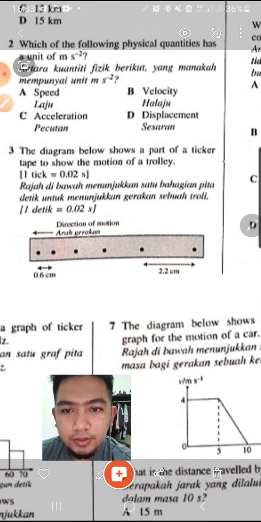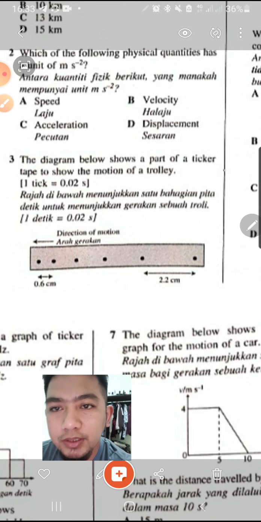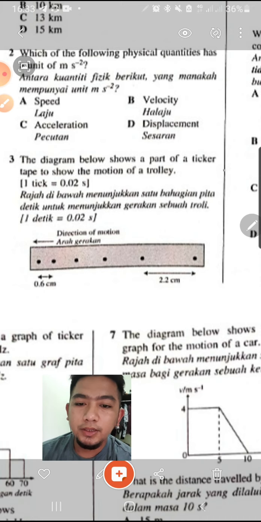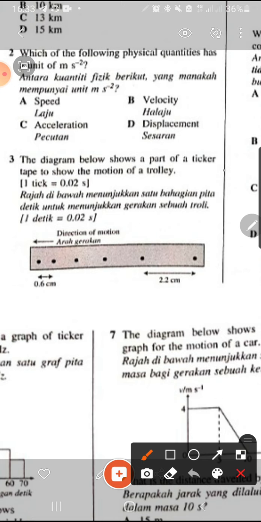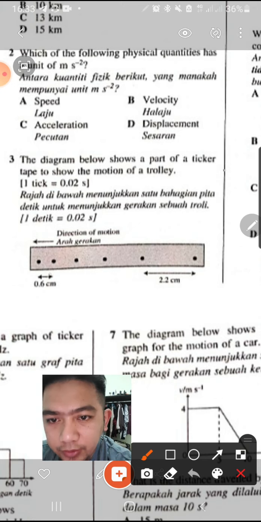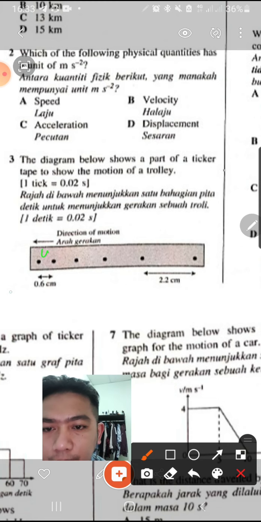Alright. So acceleration. So that's why you kena cari initial velocity and dia punya final velocity. Then last dia punya time. Okay, now kita cari dulu dia punya initial velocity here, U. So velocity dia punya formula displacement over time.